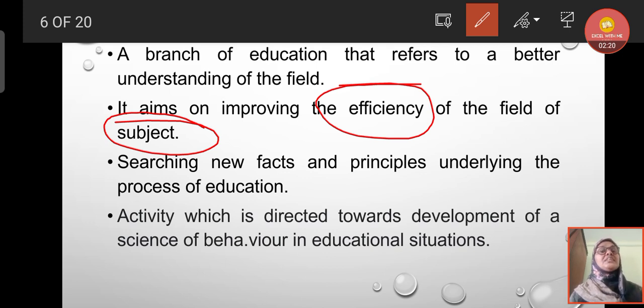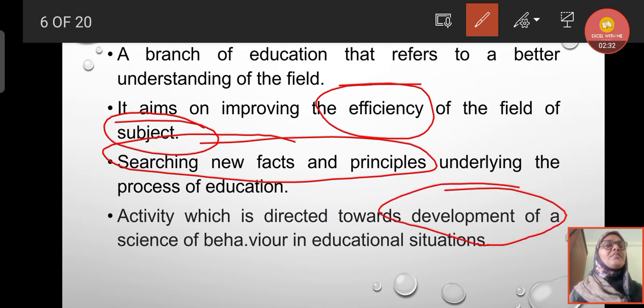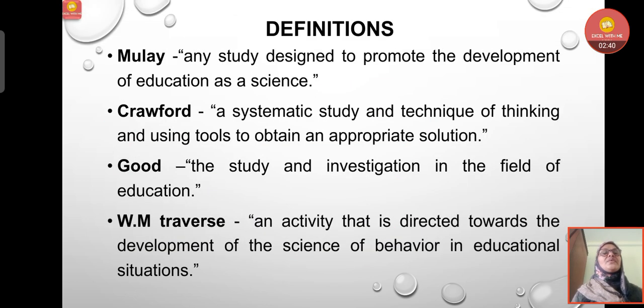Then, searching for new facts and principles is the main aim underlying the process of education. Now, an activity which is directed towards the development of a science of behavior in educational situations. So, these are all the main aims of educational research.